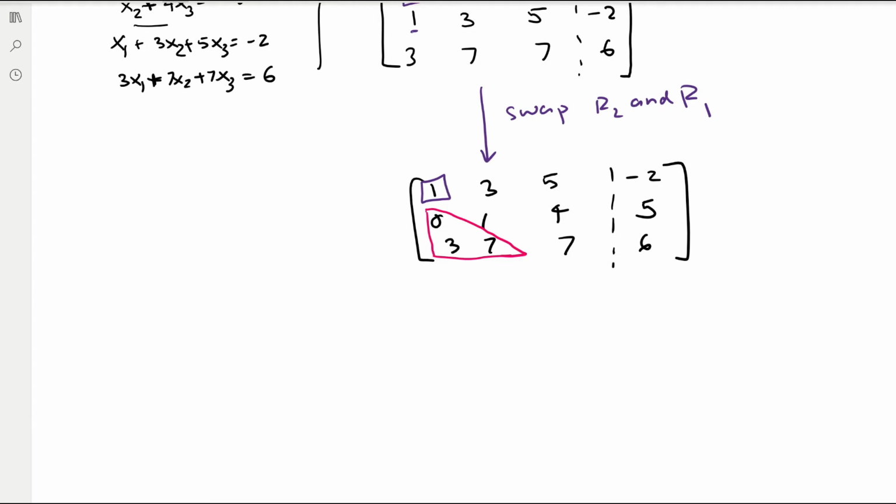We want to make zeros there. That's how we get the row echelon form, and from there we can talk about the reduced row echelon form later. To make those zeros, we already have 1, 0 here, so it's just a matter of making this 3 a 0. A row operation that we can do is multiply the first row by -3 and add it to the third row.